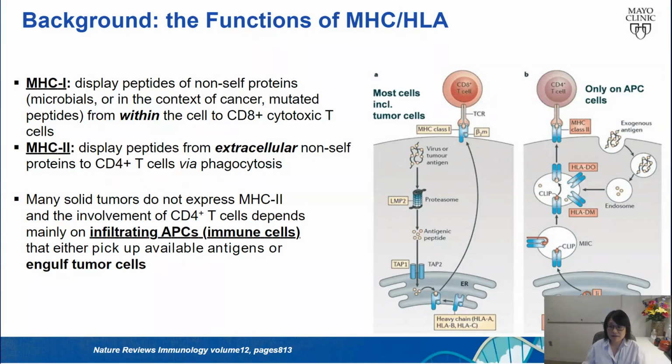As shown in the left figure, most cells, including tumor cells, express MHC1, and as shown in the figure to the right, immune cells, including antigen-presenting cells or APCs, express both class 1 and class 2 MHCs, although only class 2 is illustrated in the figure. The APCs can pick up available antigens or engulf tumor cells.